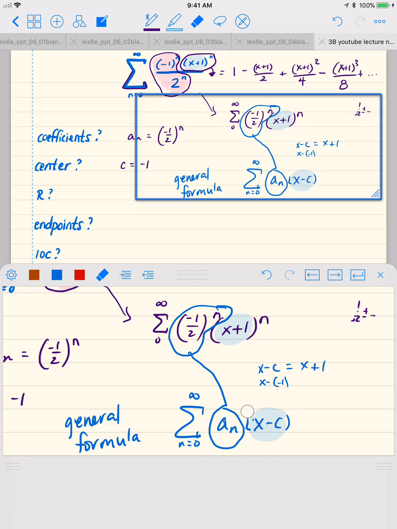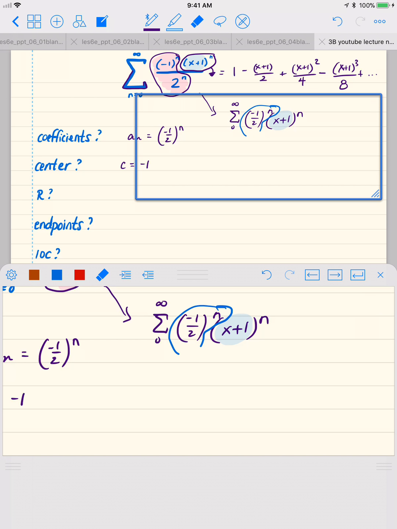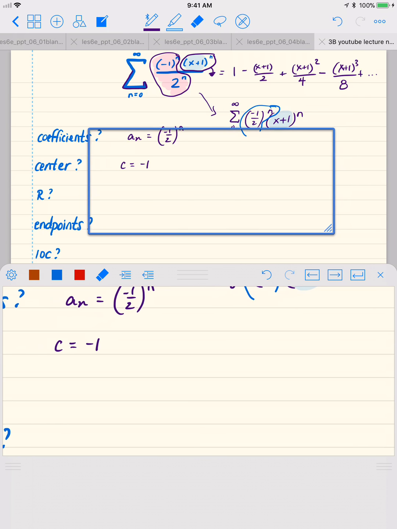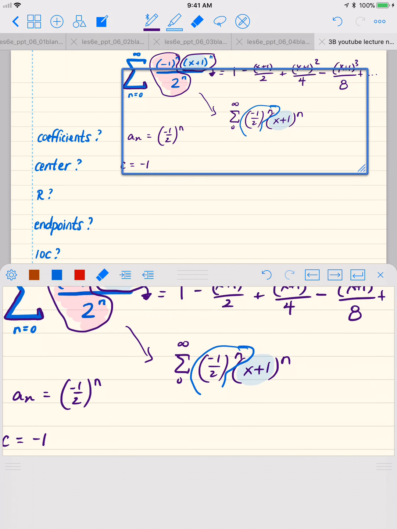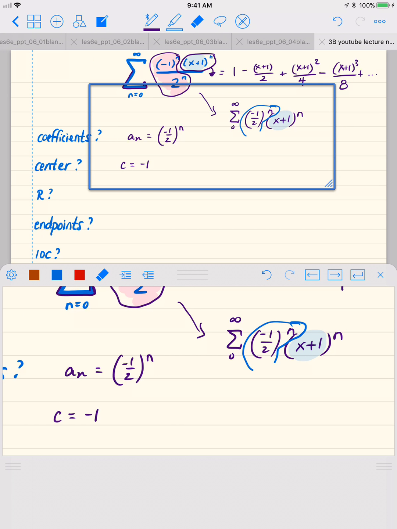Now, the issue is, what is my radius of convergence? And to find my radius of convergence, the key is to use the ratio test or the root test. Now, how are we going to do that? Remember, the ultimate goal, basically what we're trying to figure out, is when does the power series converge, right? For which values of x does the power series converge?